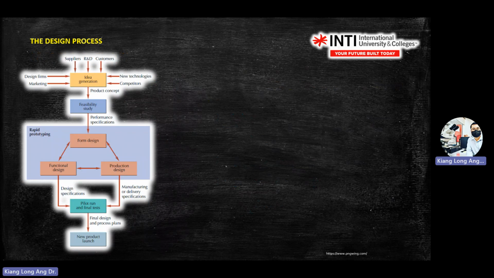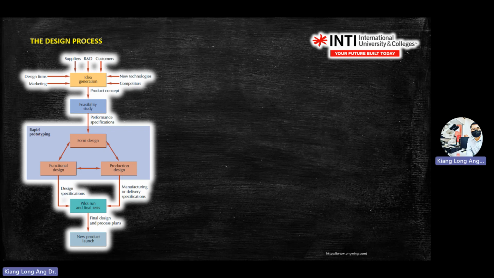So we have done idea generation, feasibility studies, and rapid prototyping with form design, functional design, and production design. Now, the outcome of the rapid prototyping process is two: design specification and manufacturing specification. Don't confuse with performance specification.